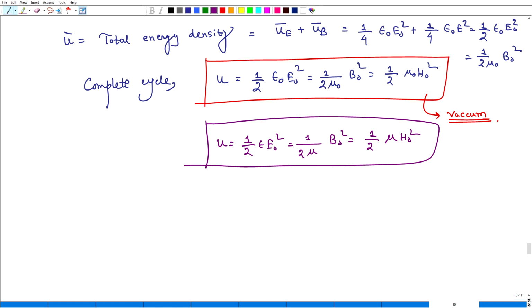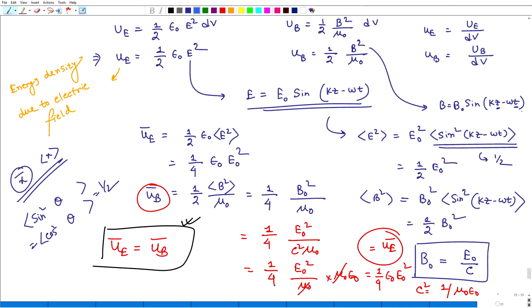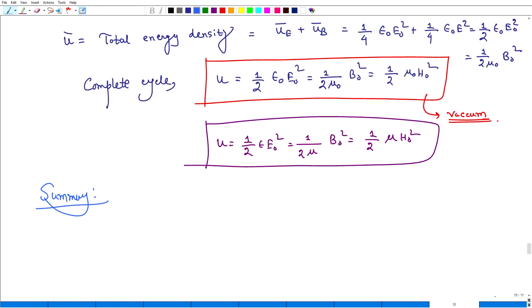Now we stop today, but let me summarize today's lecture. Today we discussed basically the numerical part, some problems. First we discussed the integral forms of Maxwell equation, recapitulating that.